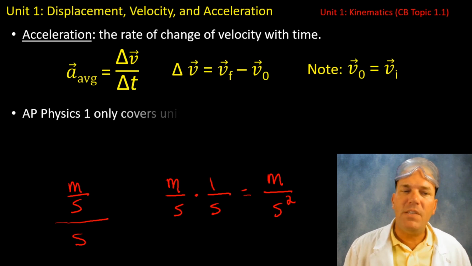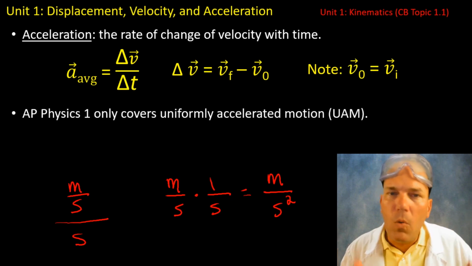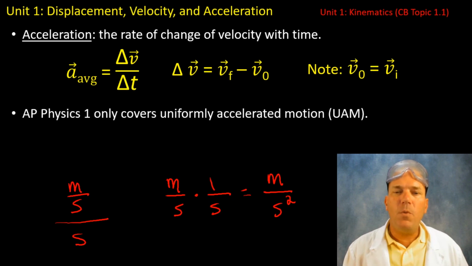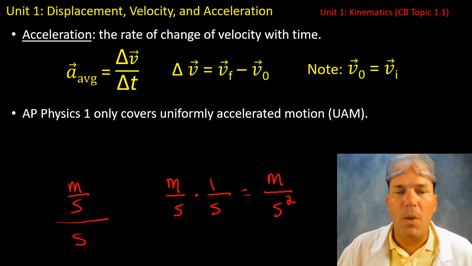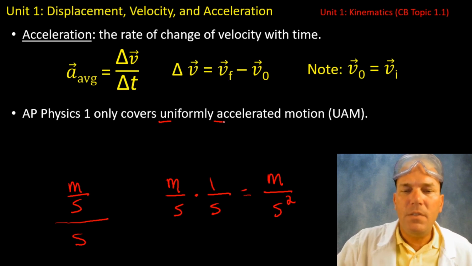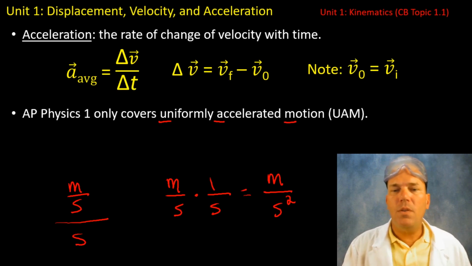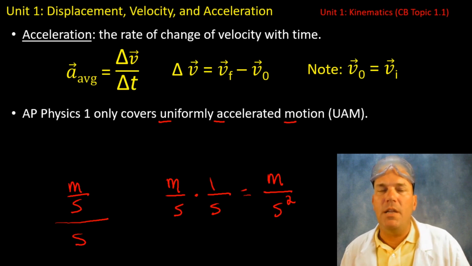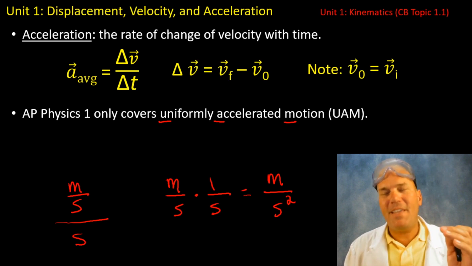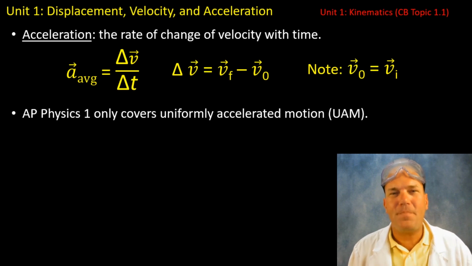Now in AP Physics 1, we're dealing only with uniformly accelerated motion, which is often described with an acronym of UAM, uniformly accelerated motion, which means we're dealing with constant acceleration.